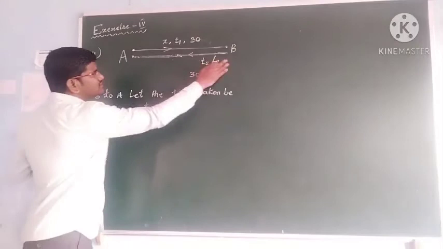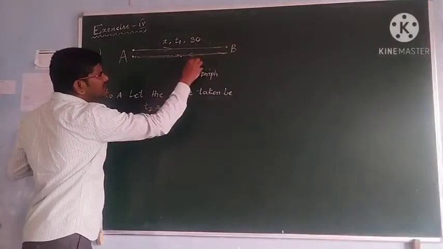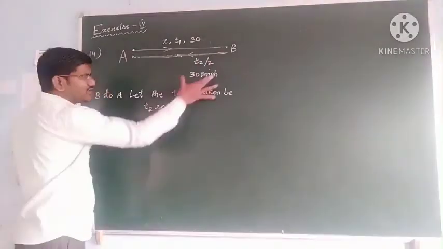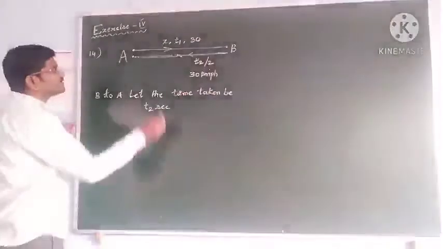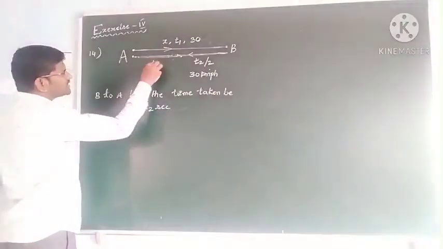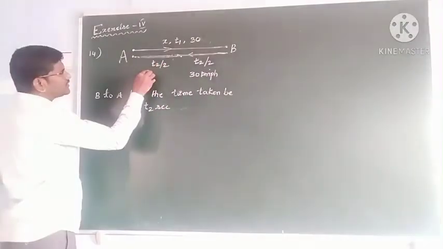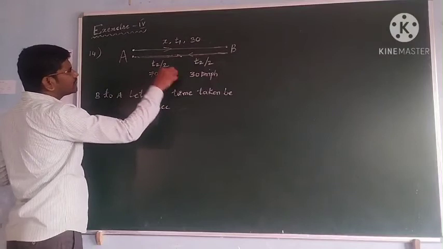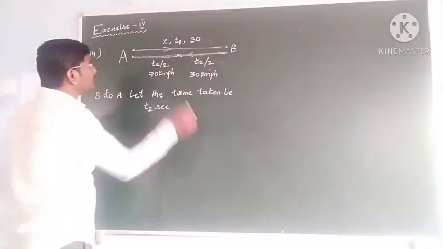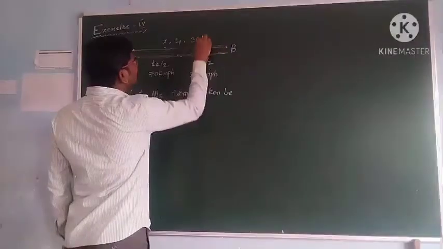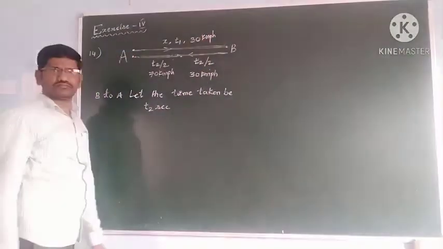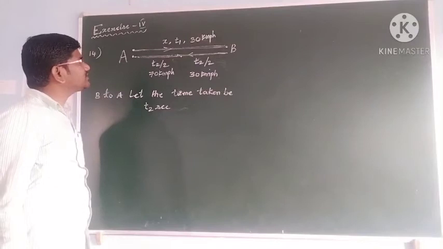In half of the journey time t2, it moves with 30 kmph, and in the rest half of the journey time, it moves with 70 km per hour. See students, this is the given problem. A to B, 30 kmph.